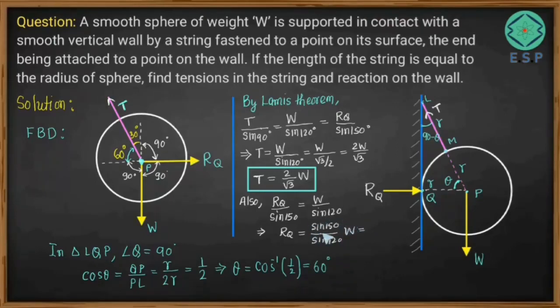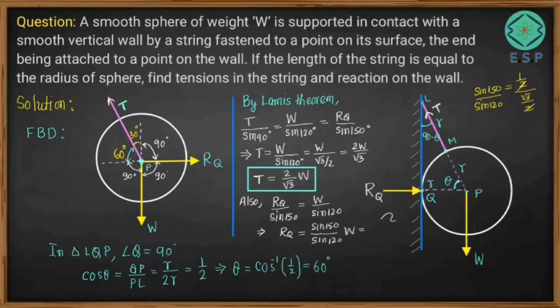Sine 150 is 1 by 2 and sine 120 is root 3 by 2. The 2 gets cancelled out, so 1 by root 3 will remain.